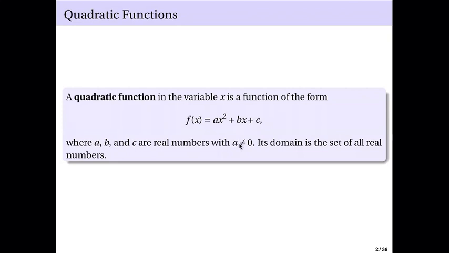Okay, so the condition that a not equal to 0 here is important for us to be able to define the quadratic function. Okay, the domain of this quadratic function is the set of all real numbers, because, well, if you replace x with any real number, ax squared plus bx plus c will just be another real number.